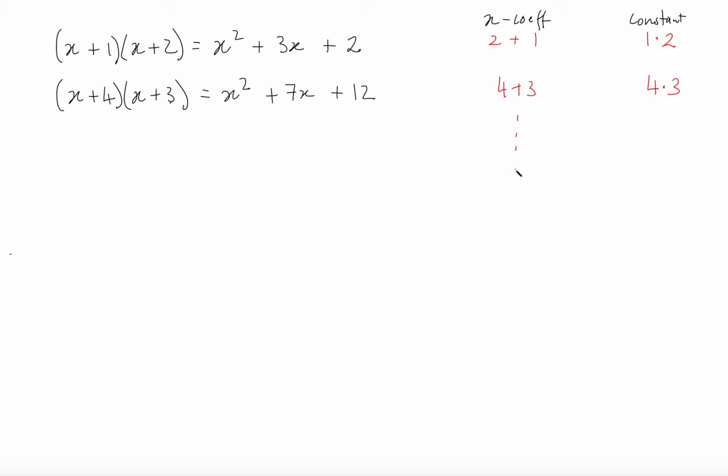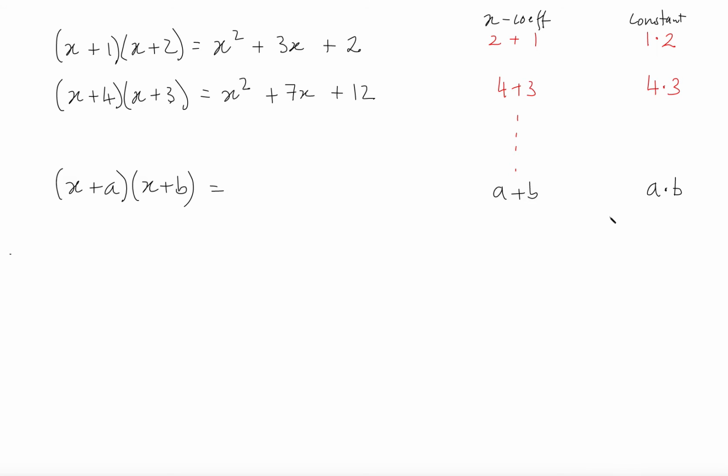So if we were to generalize this into (x plus a)(x plus b), then the x coefficient is always the sum of the two constant terms, or the two terms here on the outside of the brackets, a plus b, and the constant is the product of the two terms.